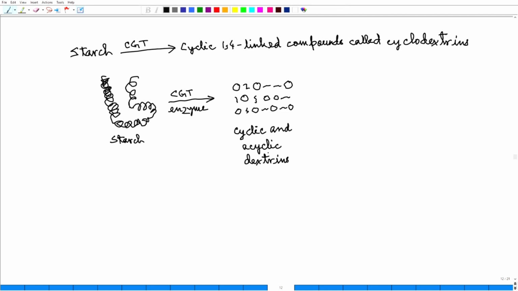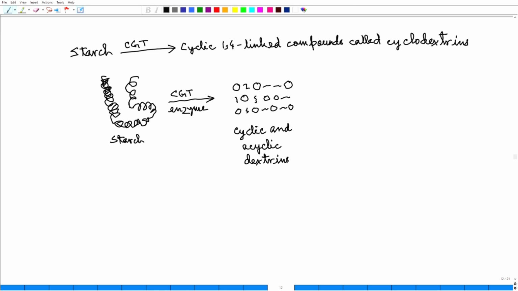We take starch and apply CGT enzyme, and it is cut into many pieces, where you get both cyclic and acyclic dextrins. These cyclodextrins are important for us.